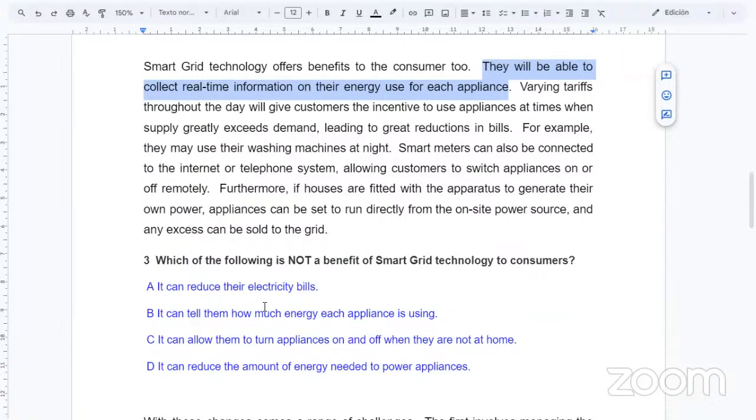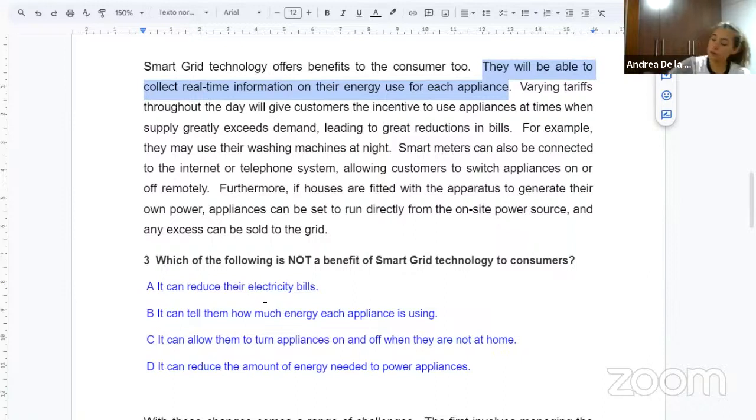Yes, it's the B. Exactly. You can tell them how much energy each appliance is using. It's just paraphrased, right? Real-time, so that means like at the same time, right? Simultaneously. Now they say varying tariffs throughout the day will give customers the incentive to use appliances at times when supply greatly exceeds demand, leading to great reductions in bills.